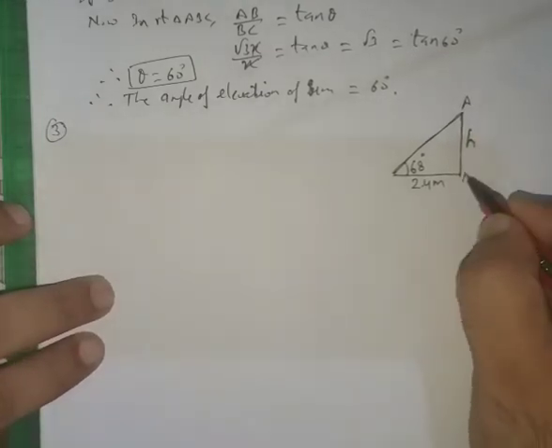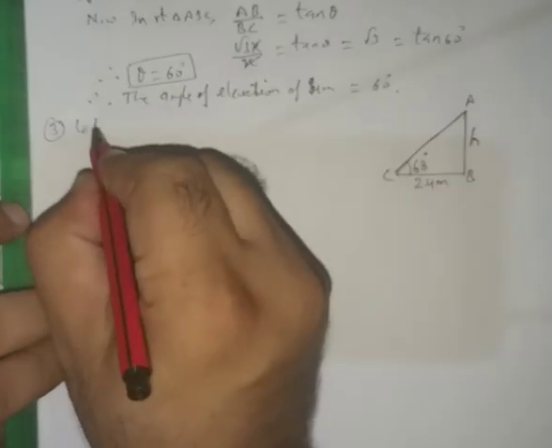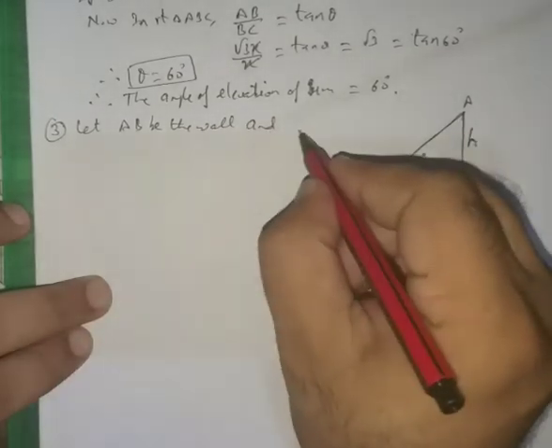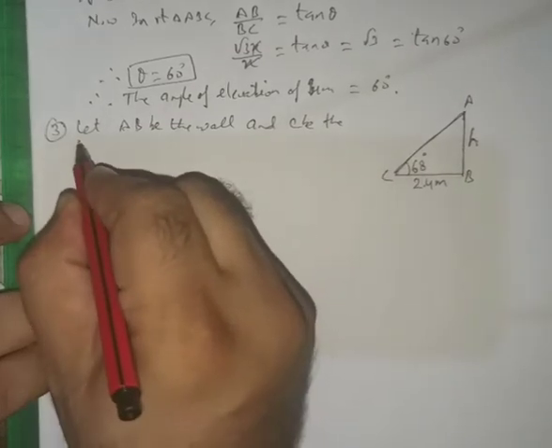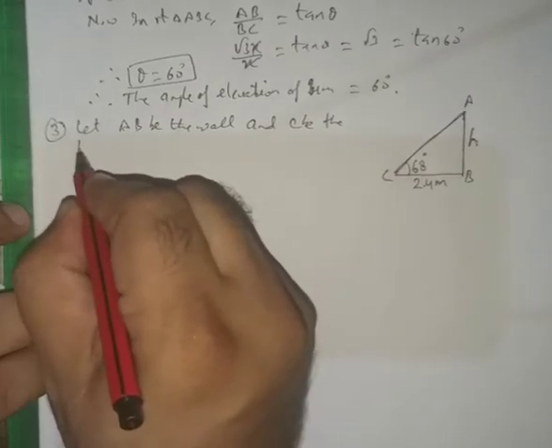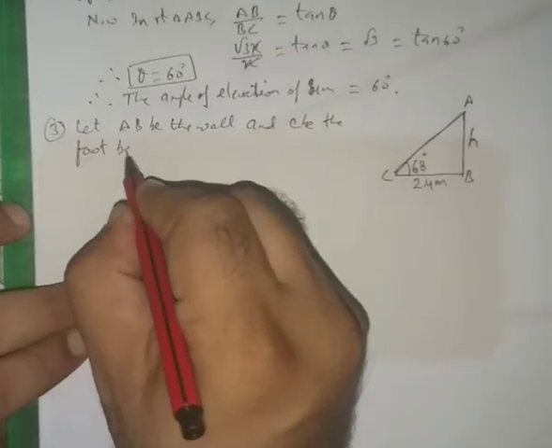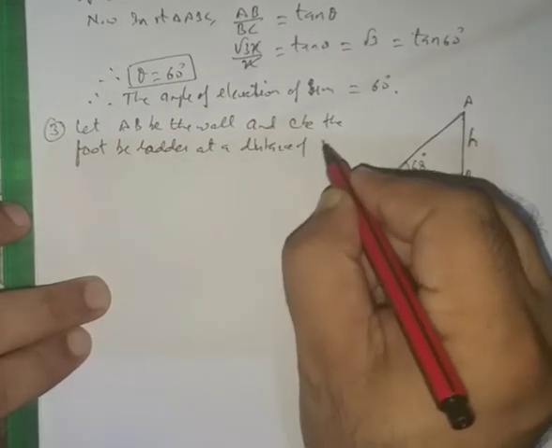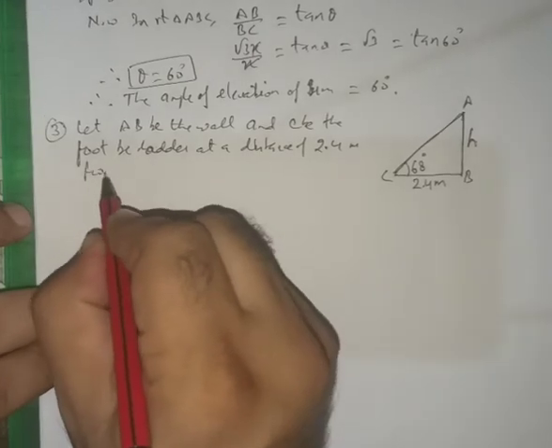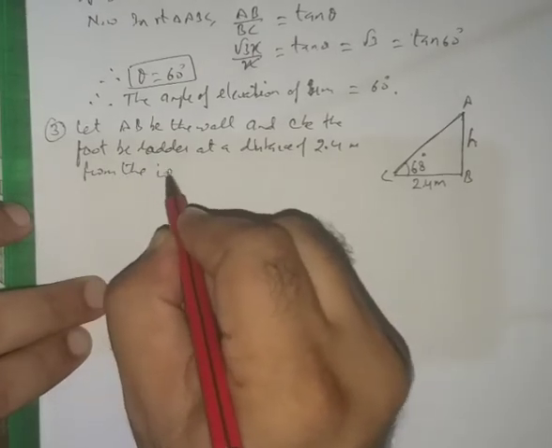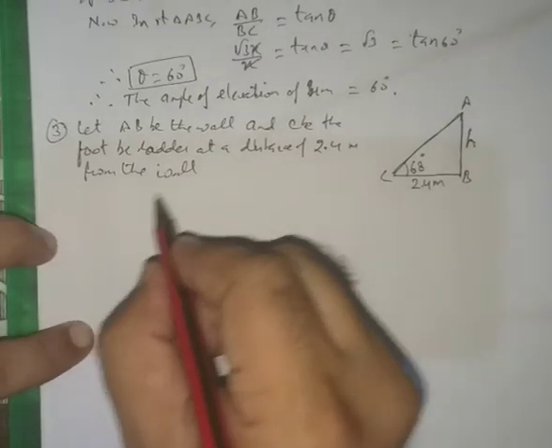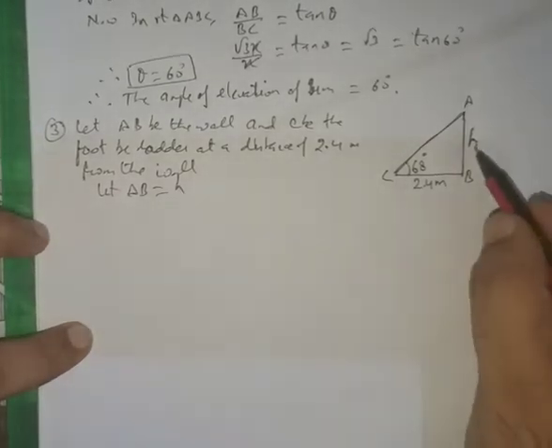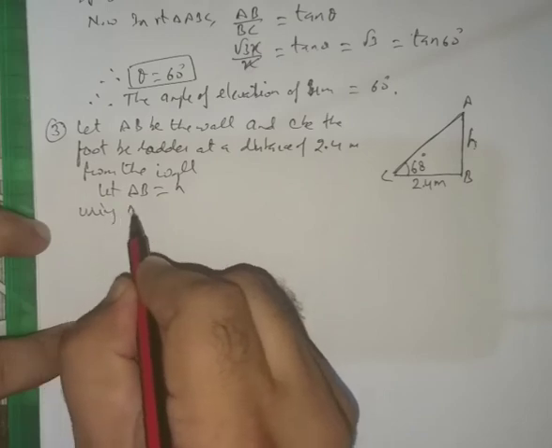Now let us name this. This is A, this is B, and this is C. So let AB be the wall and C be the foot of ladder, at a distance of 2.4 meter from the foot of the wall, and let AB equal H. Since we have to find H, once again I am using triangle ABC.